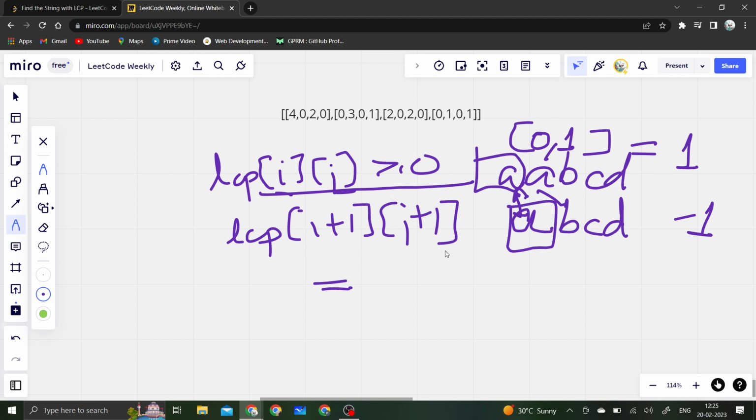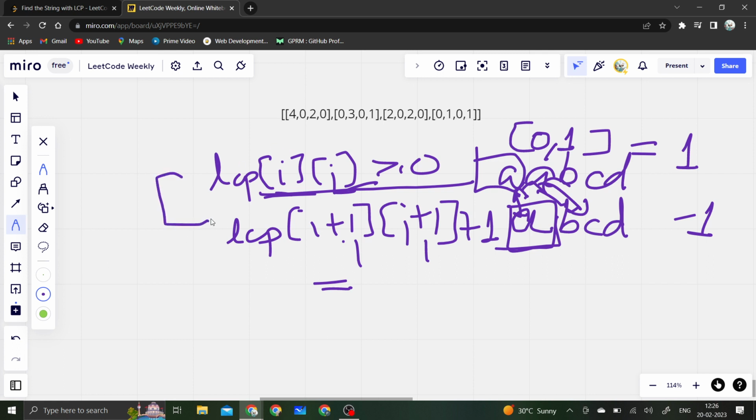Then if you are cutting one more character, that is this ith and jth character you have cut from the string, you move forward one place, right? That is, you come to this particular index, you check for these two characters, right? Then this character is deleted. That means LCP of I plus 1 and J plus 1 will be LCP of ij minus 1, right? So if we don't have this condition to be satisfied, right?